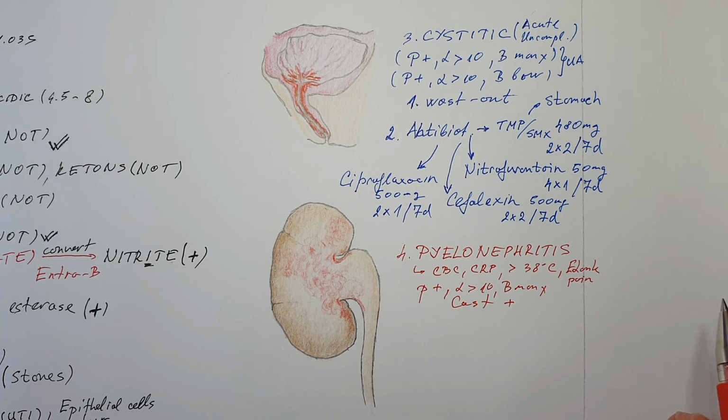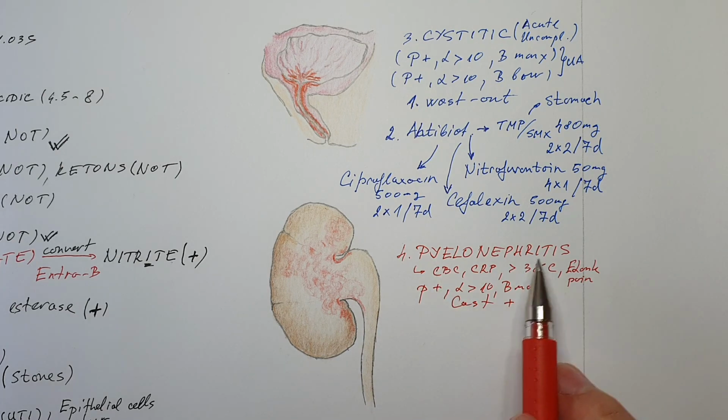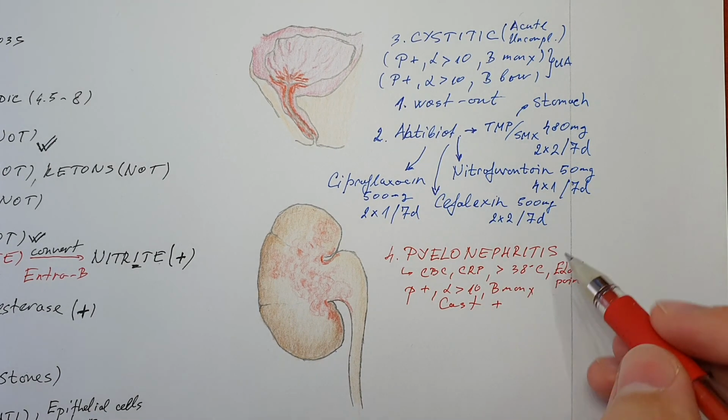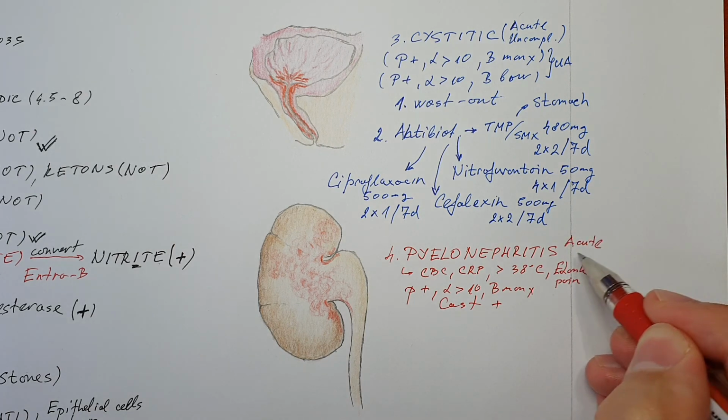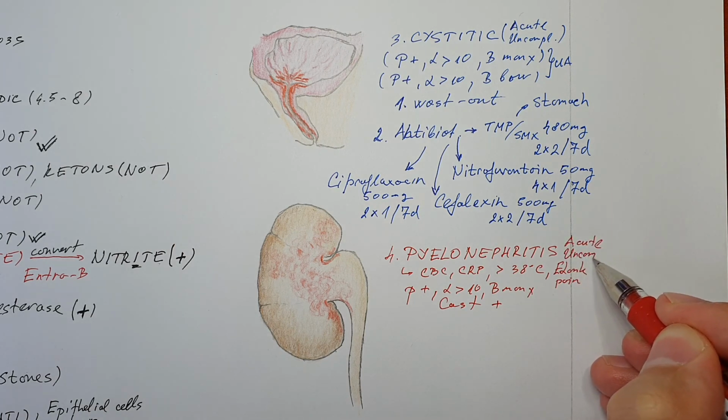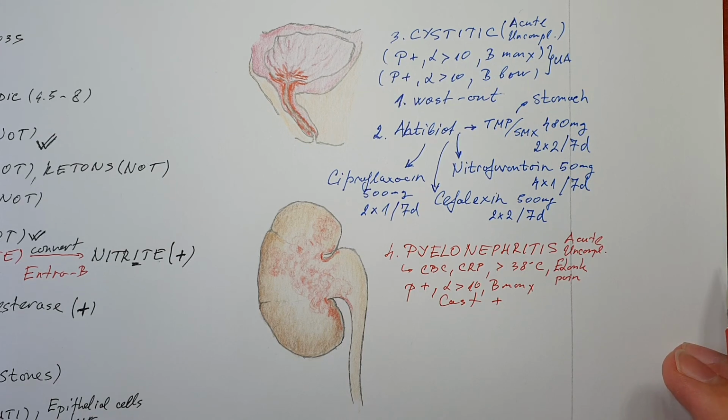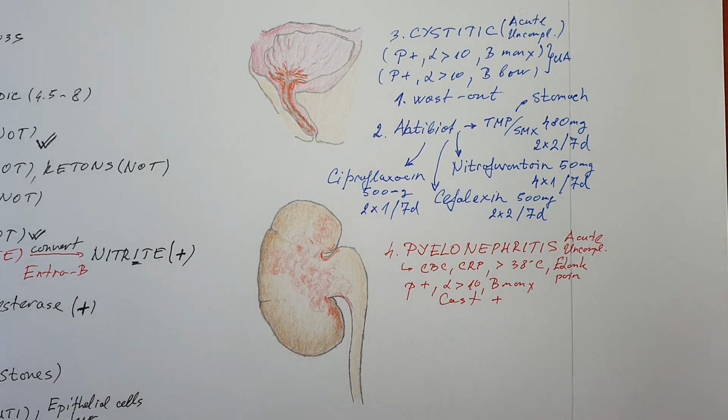If the patient does not have comorbidities, so if it is an acute, uncomplicated pyelonephritis, it basically can be treated with oral antibiotics. Maybe an initial dose of intravenous antibiotics can be administered, but it can also be treated perorally.